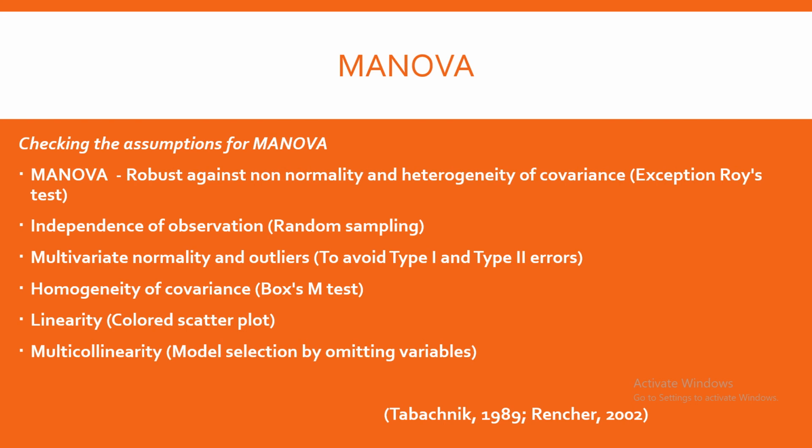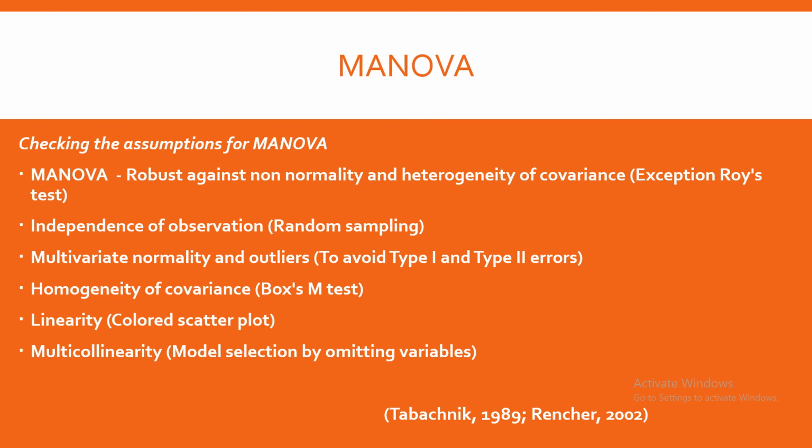As in many other statistical tests, it needs independence of observations, which is ensured by random sampling. And after that, multivariate normality and outliers. This is required to avoid type 1 error and type 2 error. Type 1 error we make by rejecting the null hypothesis, and type 2 error we make by not rejecting the null hypothesis, though we had to.